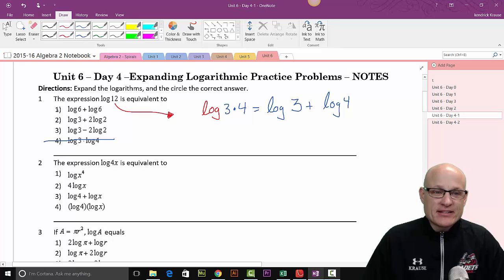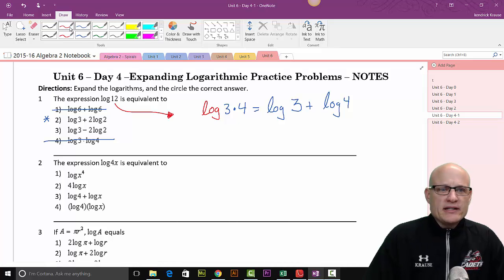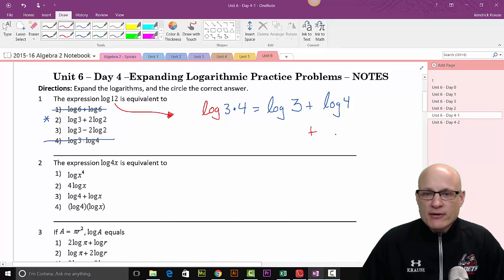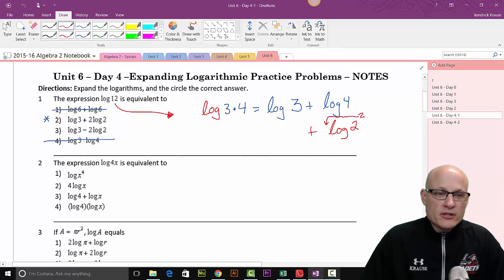Remember, if I was condensing this, that would be 36. So I'm thinking it has to be this one because it's the only one really with addition. But how did they get that 2 log 2? What I did was rewrite 4 as 2 squared. And where do exponents slide to? Right in front. So that would be choice 2.